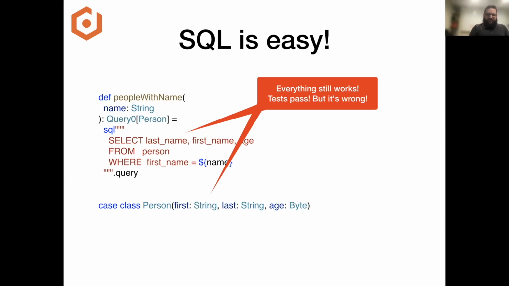In fact, you can even go one step further and mess this up in the tests, right? Because here's the thing. If you're using this kind of select field thing, you could get it wrong both in the insert and in the read. So you can actually get it wrong all the way through.